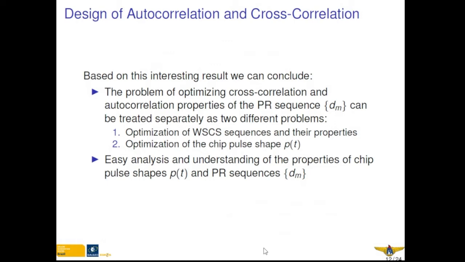With this, we will see later also the synchronization performance of the signal. We can also use the chip pulse shape to implement the FD in the FD-CDMA. The different chip pulse shapes have a different frequency support, and we can use them to implement the spectral separation of signals.